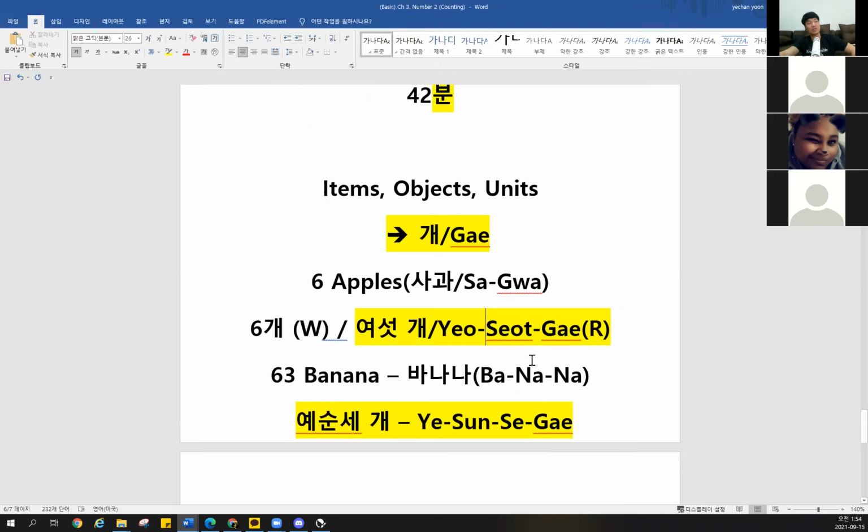And what is the number? 63. 60 is 예순. 3 is 셋, but it changes form, so 세. So it's going to be what? 바나나 63개. Okay, this is the example of the items, objects, and units.